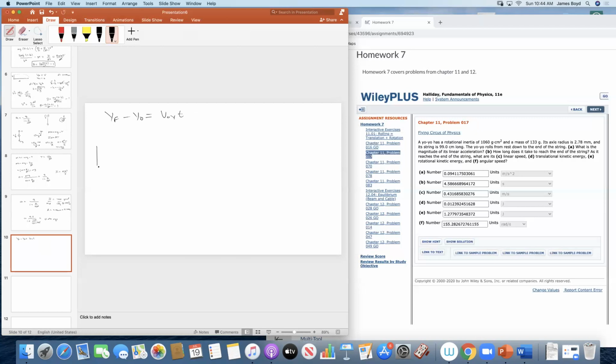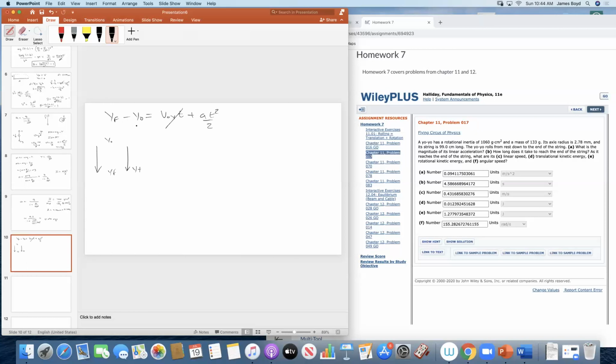Now, we're assuming that this thing is dropping, right? Therefore, if we measure y positive up, our acceleration needs to be negative. If we were to measure it down, we could measure it positive. So I'm going to measure it down. So I'm just going to assume that y is positive down, and therefore I get plus a t squared over 2.